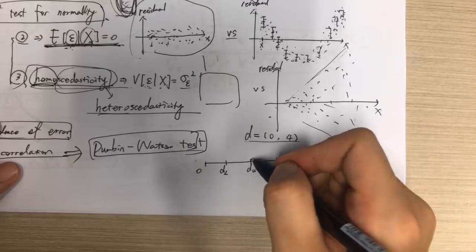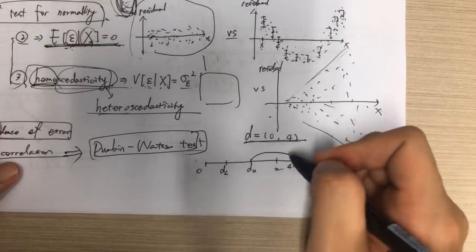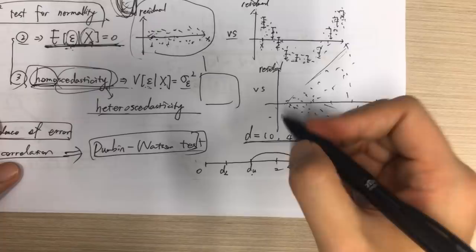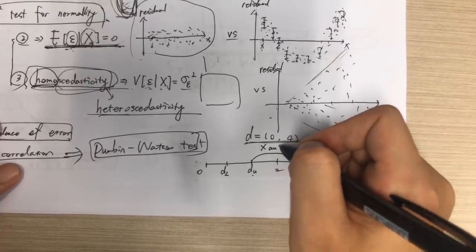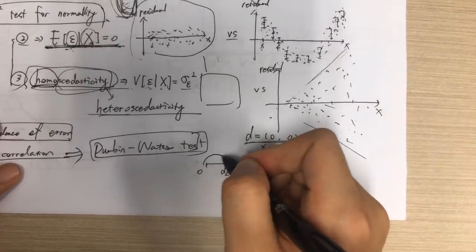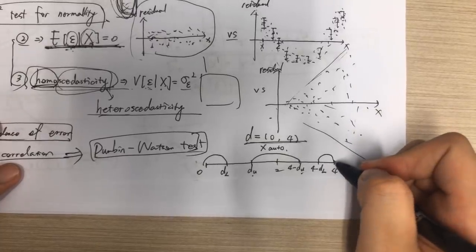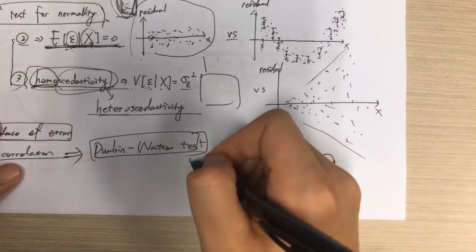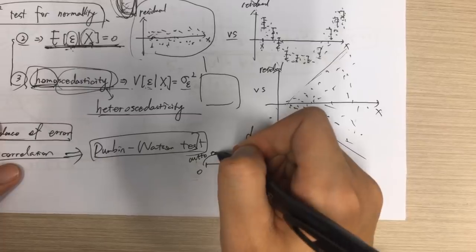And if your D lies between DU and 4 minus DU, there's no autocorrelation, right? And if it is 0 to DL or 4 minus DL to 4, the autocorrelation exists.